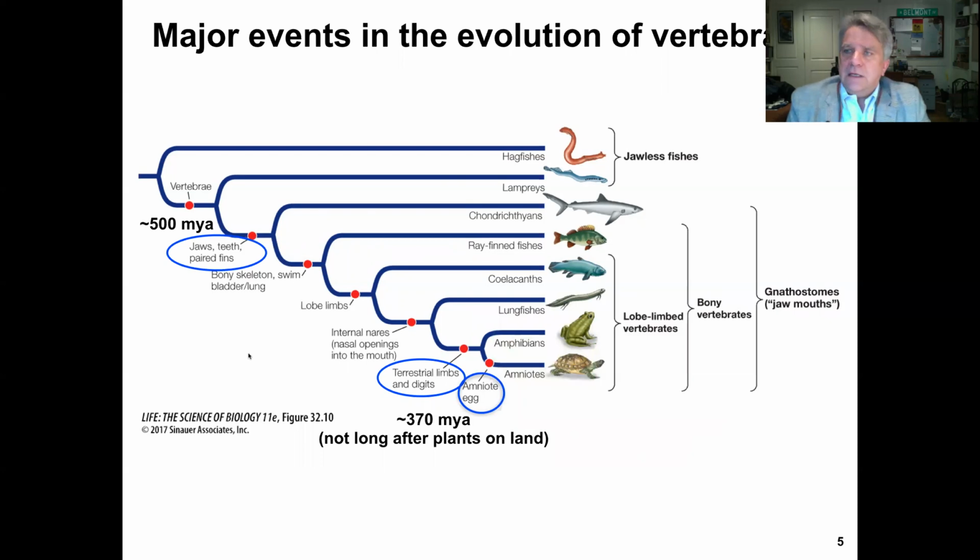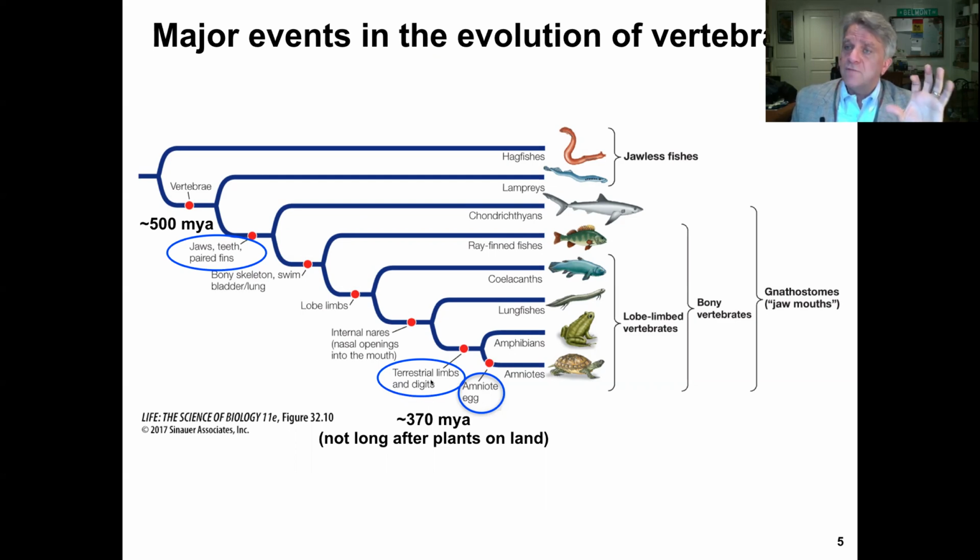Now, for the rest of the lecture, we're going to be focusing on the diversity and evolutionary history of vertebrates, and we're going to focus on 3 aspects. First, we're going to look at the evolution of jaws in vertebrates. We're going to then look at the evolution of terrestriality that's associated with limbs and digits.